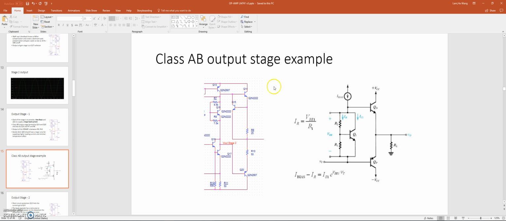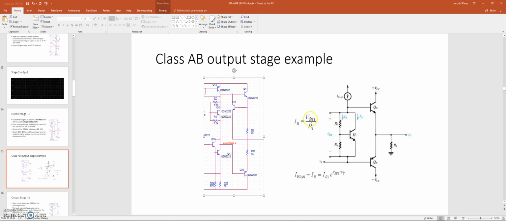When the signal is in the positive side, Q14 is going to be turned on, Q20 is going to be off, and this is going to handle the positive voltage. And then when the signal is negative, this Q20 is going to turn on and pull it to negative. So basically the upper part handles the positive signal, and this lower part handles the negative signal.